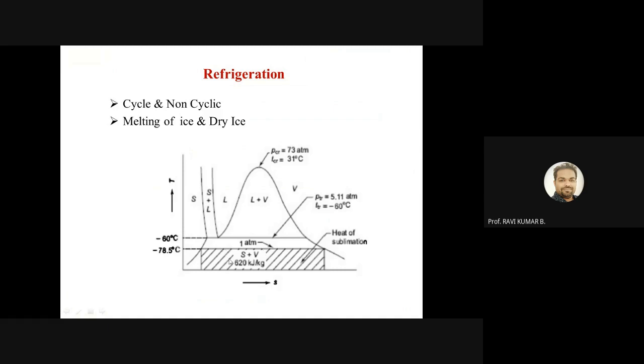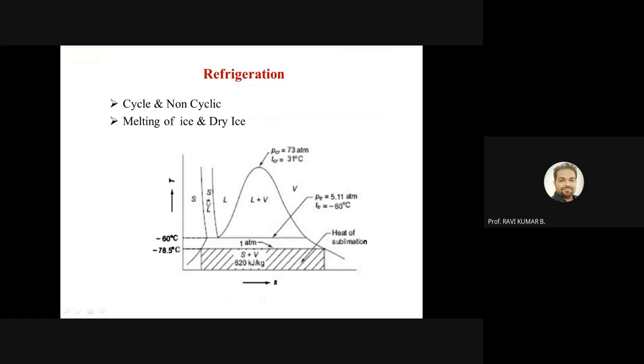This two-phase zone is where it gets the phase change from solid to vapor. It starts from the solid line, and the process starts from this point. Immediately it will absorb this much heat from the space where you want the cooling effect. This is 620 kilojoule per kilogram, and finally it converts to vapor. So directly it goes from solid to vapor.